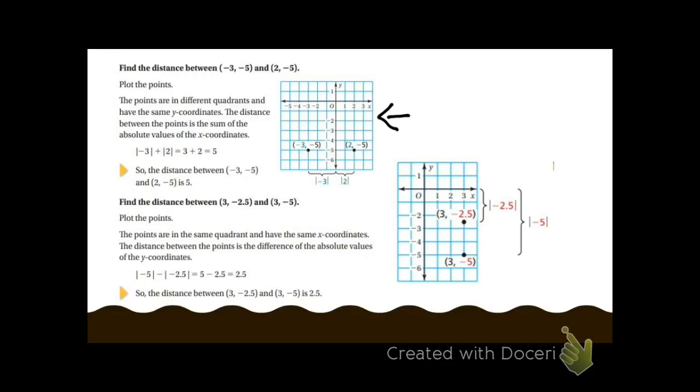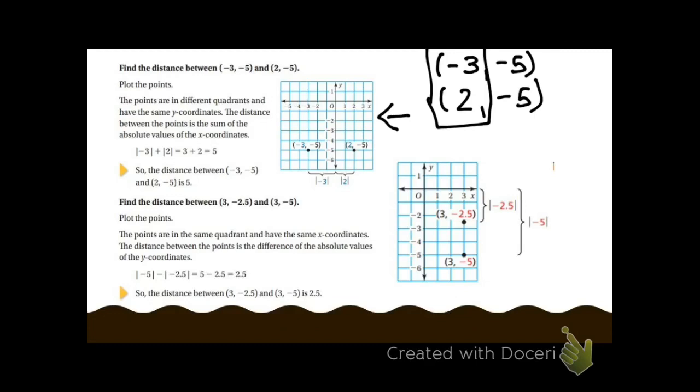The other thing you can do is you can take your 2 coordinates, -3, -5, and 2, -5. Which ones are different? Well, these 2 are the different ones. And I can tell right now that they're in 2 different quadrants because one is negative and one is positive. They won't be in the same quadrant.